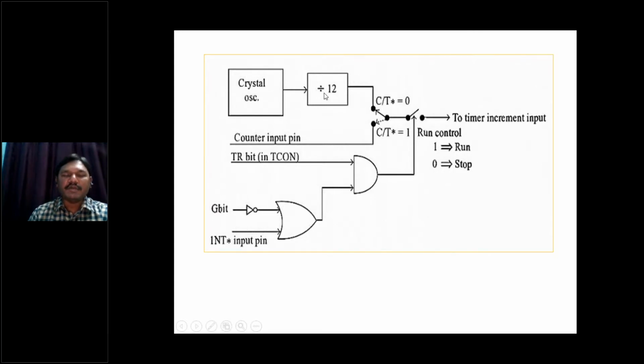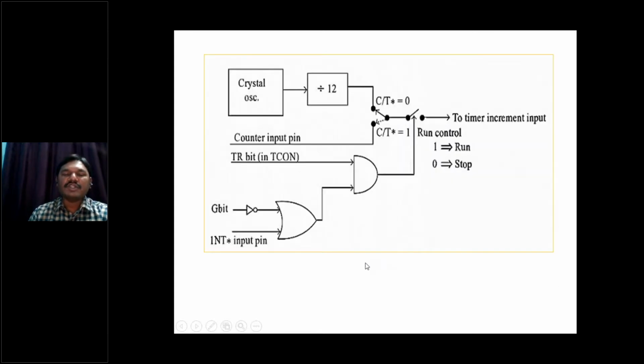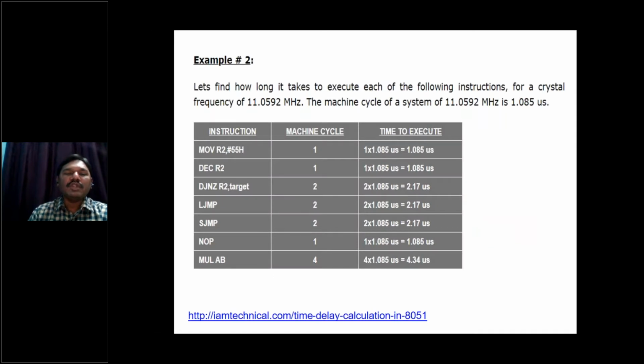Here this is divided by 12. Why is it divided by 12? Here you can see that 12 clock pulses are equal to one machine cycle, and for execution of one instruction we need one or more machine cycles. What is the instruction cycle? Fetching, decoding, and execution.